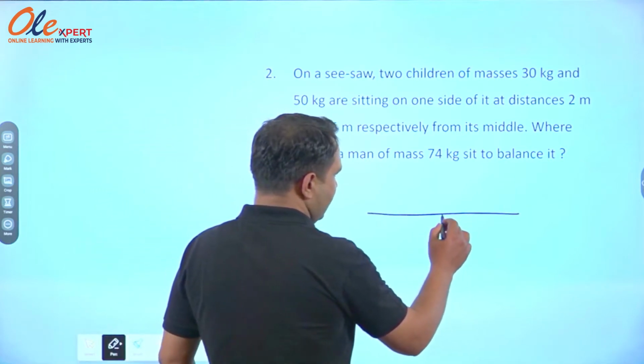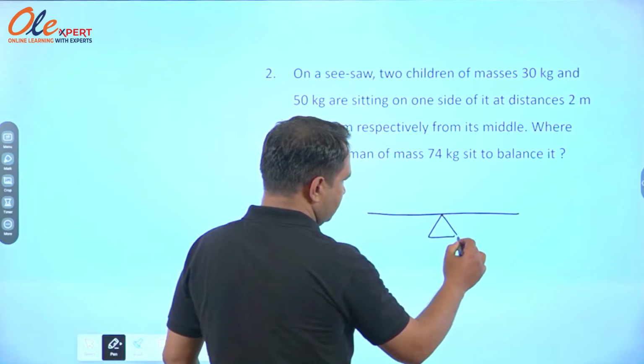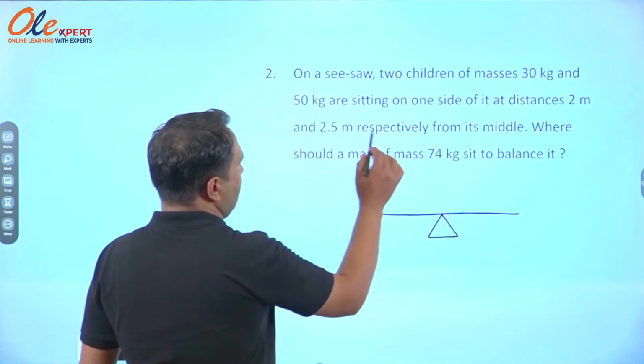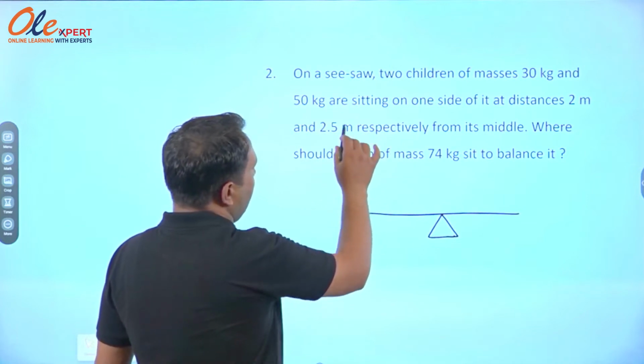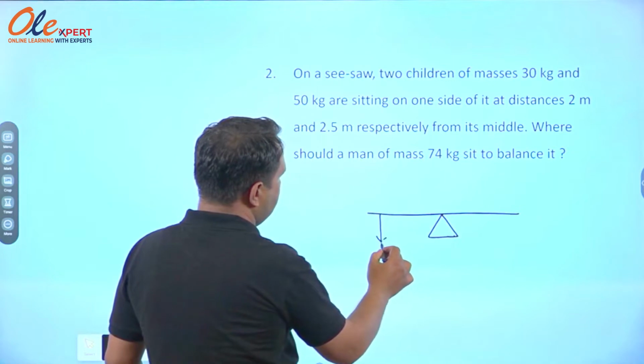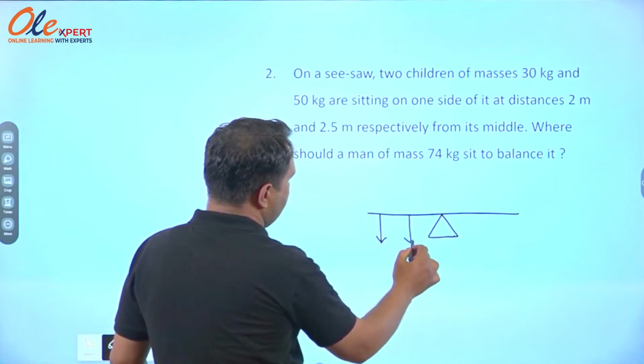So it is resting at the middle. Suppose that on this side 30 kg and 50 kg are sitting.